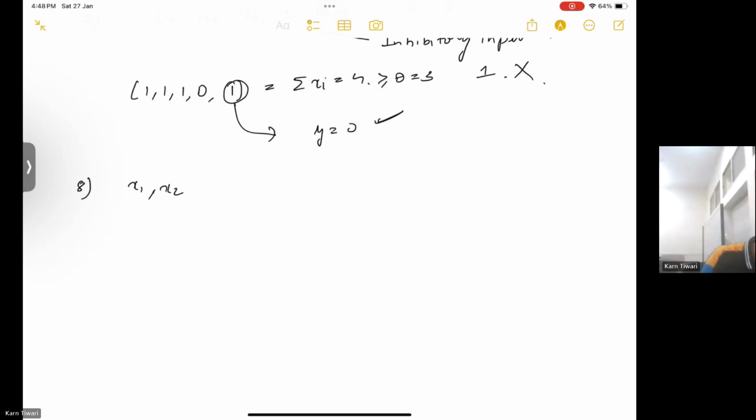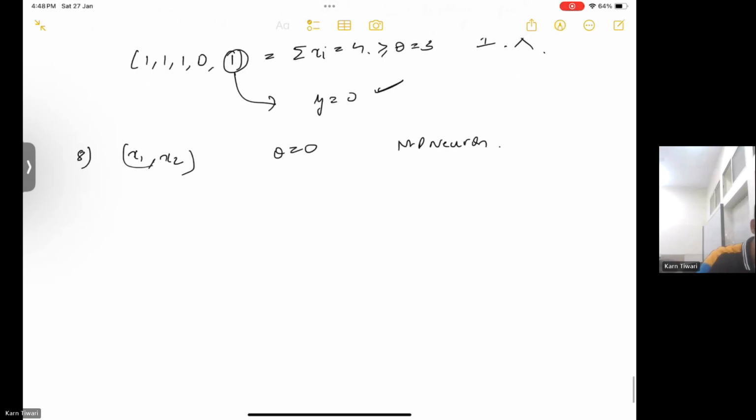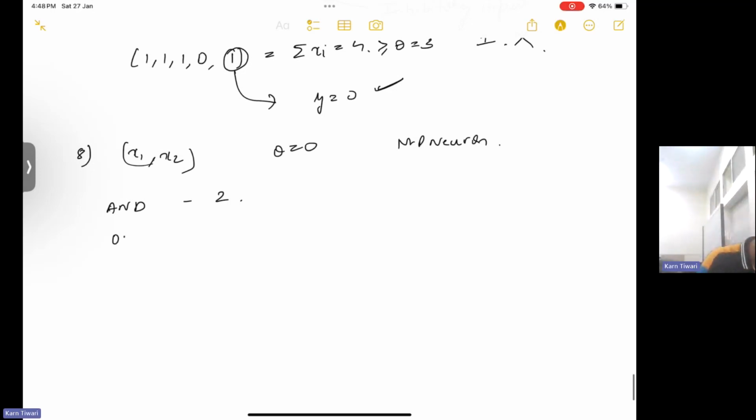Say x1, x2 is given, and threshold theta is 0. Now, which Boolean function does it replace? AND gate: both of them on, then only it's on. OR gate, it was 1. So definitely it's not AND, not OR.